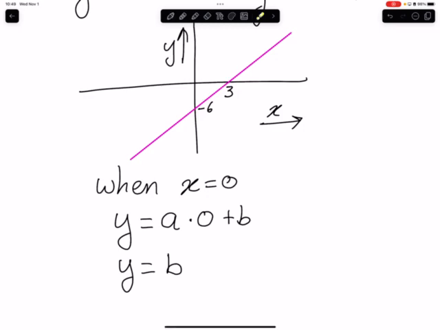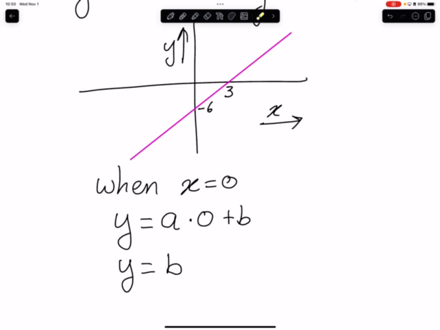That means, when is x 0? x is 0, if you look at it in the form of a graph, where? Here. At negative 6. So x is 0 and b is negative 6 when x is 0.